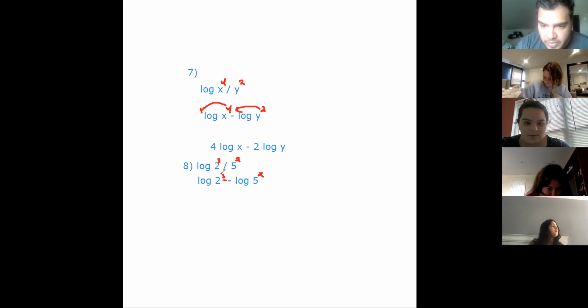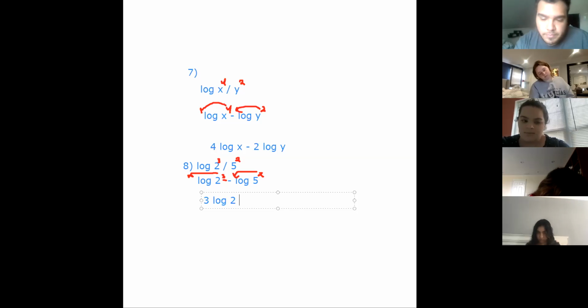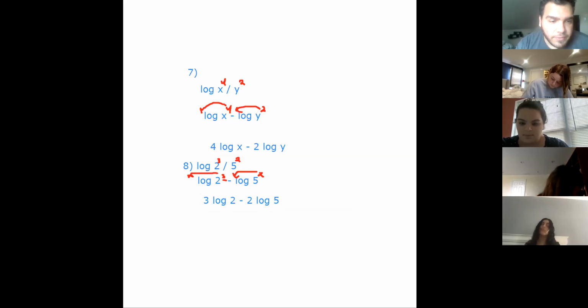We can move this guy right to the front. Move this guy right to the front. So then we got 3 log base 7 of 2, minus 2 log base 7 of 5. That should be our answer for number 8.